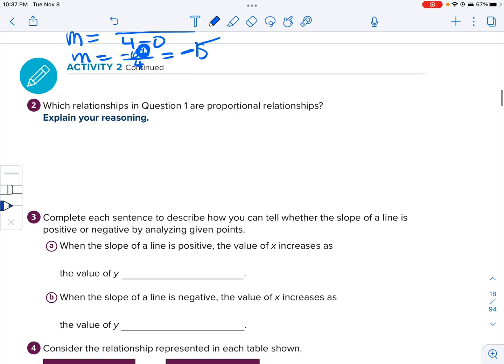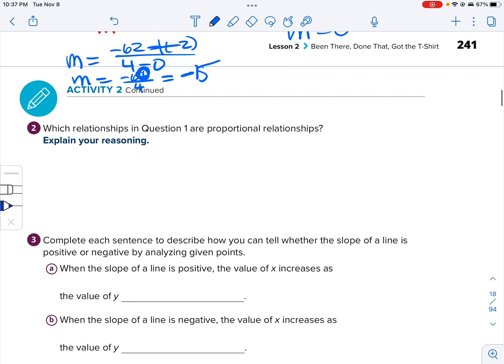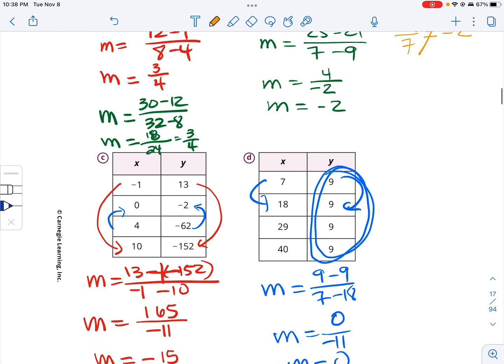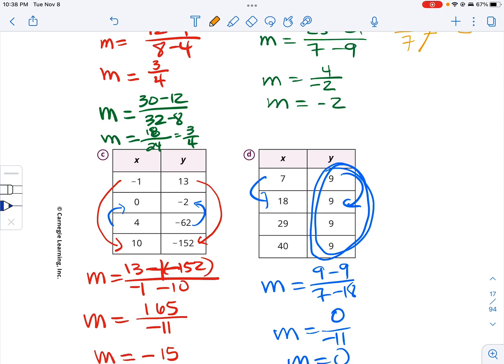Which relationships in question 1 are proportional relationships? I don't know. Let's look. This first one, if I did 9 over 4, does that equal 3/4? Nope. So that's not it. 25 over 7, does that equal negative 2? Nope, that's not it. This has 0, negative 2.